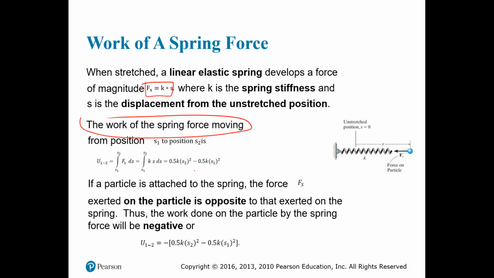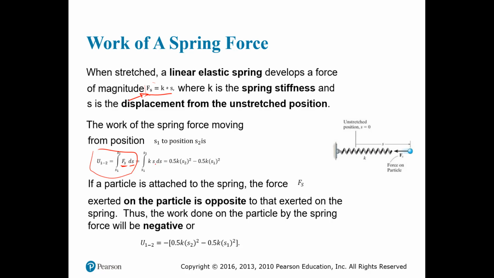And this is very important because people get confused. One thing is the force of the spring and another thing is the work of the force. Okay? Work of the force is defined as force times displacement. But you already have displacement involved in the equation of the force of the spring. So when you're performing your integral, you will have the force of the spring, which is this one right here, and then you will have ds.